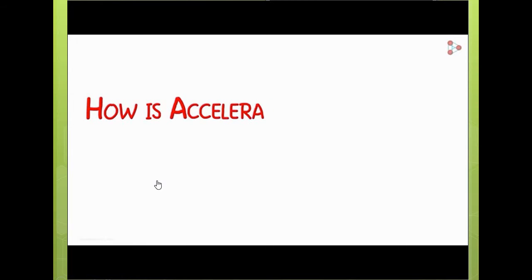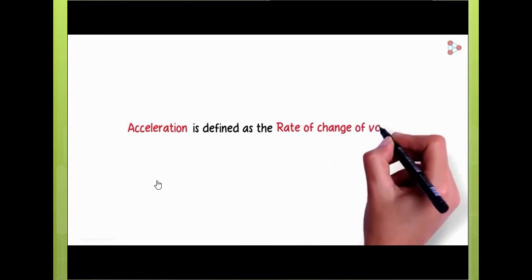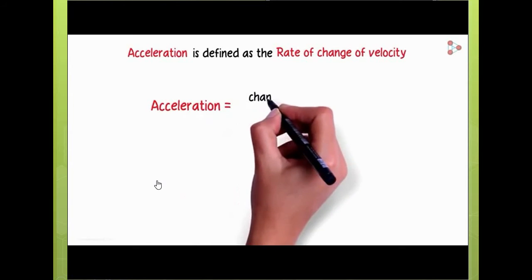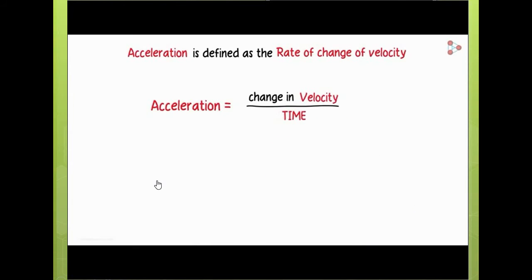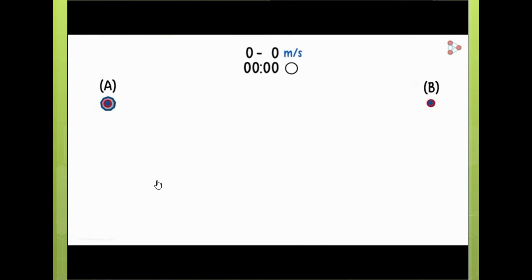But how is acceleration calculated? Acceleration is defined as the rate of change of velocity. In terms of a formula, acceleration can be written as change in velocity over the time taken. If the velocity of an object changes from an initial value of u to the final value of v in time t, then the acceleration a can be written as v minus u over t. Say this object is at rest initially at point A. It then travels to the right and attains a velocity of 10 meters per second in 5 seconds.